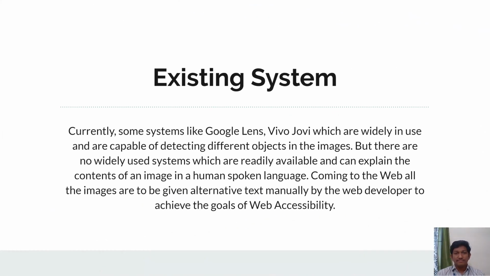Among existing systems, there are ones which work really well, like Google Lens and Vivo Zoe, which are capable of detecting objects in an image. These are widely used, but there are no widely used applications to explain what is exactly happening in an image, the scene of an image.